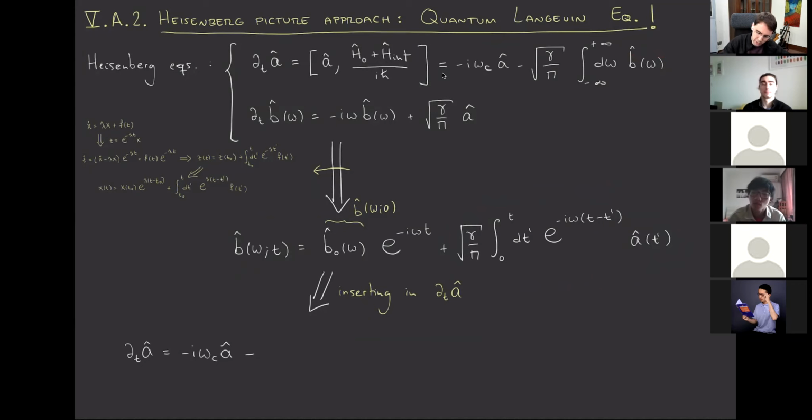But B of omega has these two contributions, the one at time 0 and the one depending on the intracavity field. So let me write down first that one. So we will have this in here, and then we will get a multiplication of square root of gamma with the square root of gamma, and then the double integration with exponential and so on. I can write it in this way.